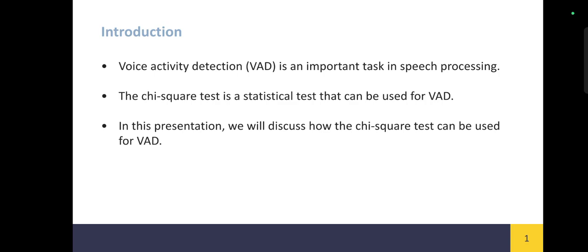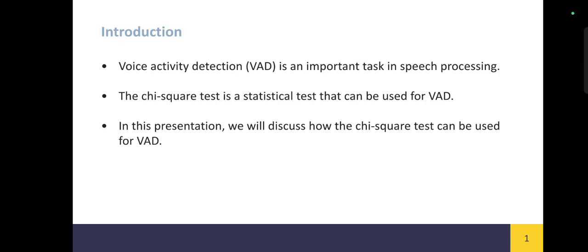Voice activity detection is an important task in speech processing. The chi-square test is a statistical test that can be used for VAD, voice activity detection.